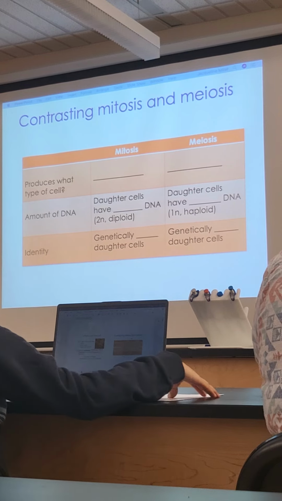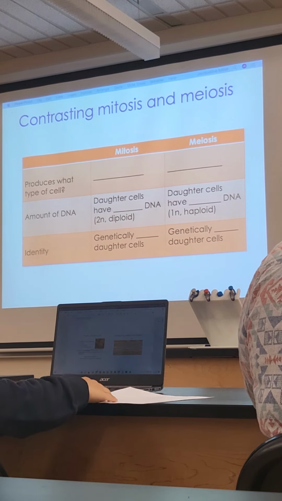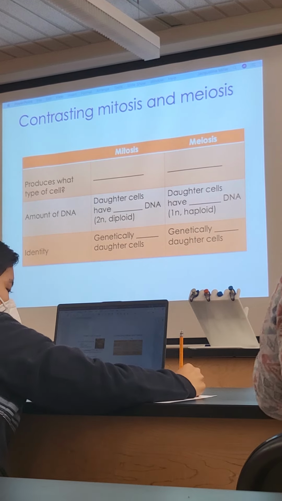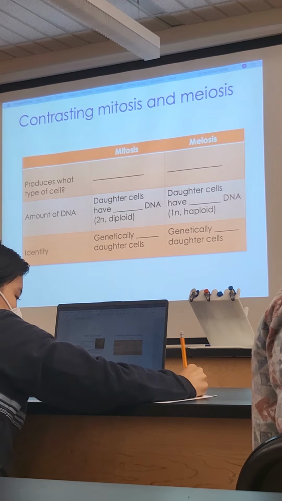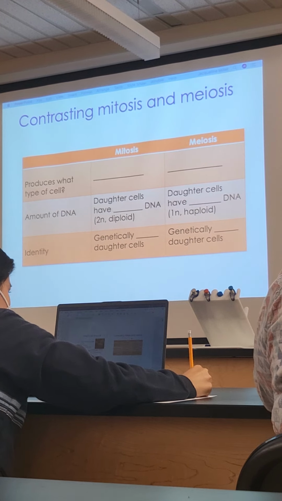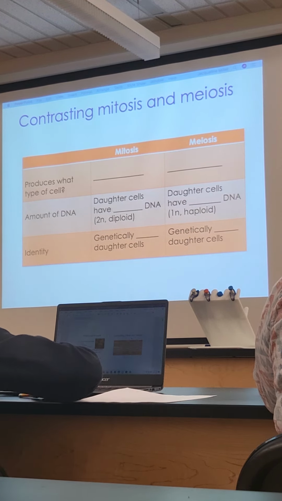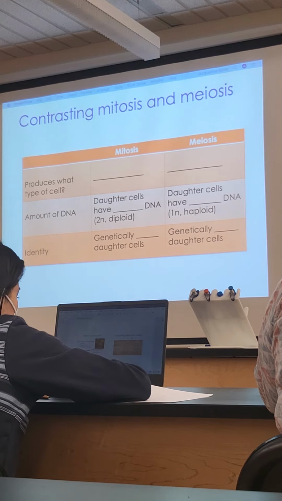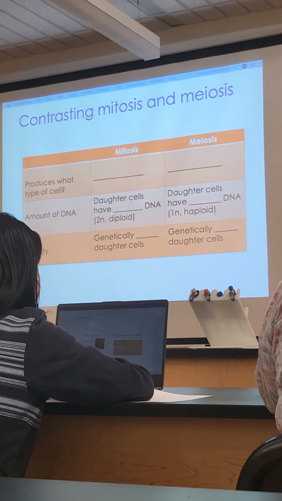And then how about for meiosis? Germ cells are produced, or the sex cells are produced by meiosis. So the gametes, we talked about egg cells and sperm cells.